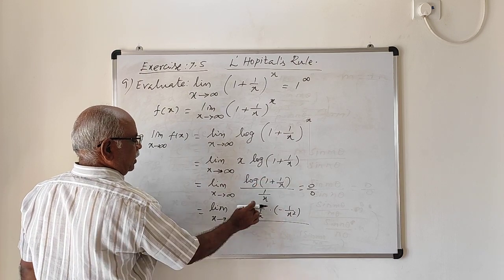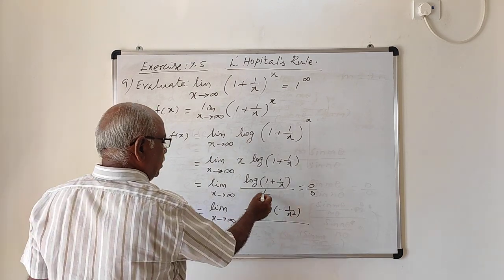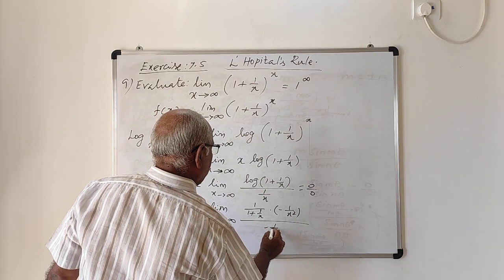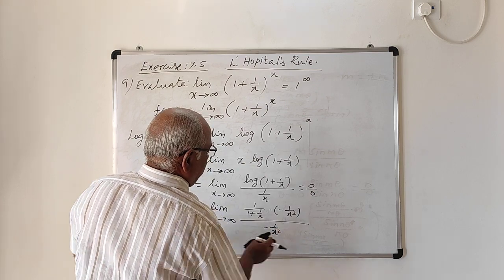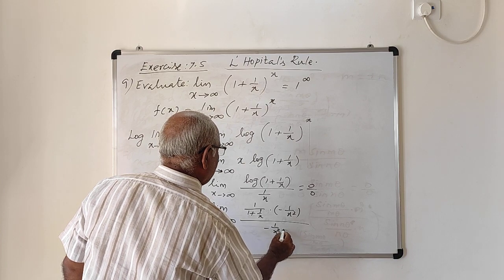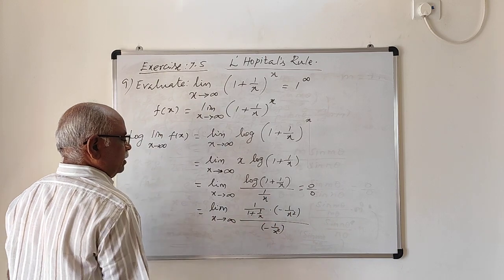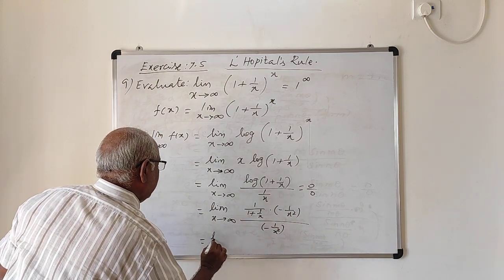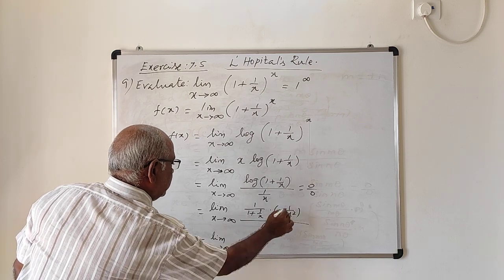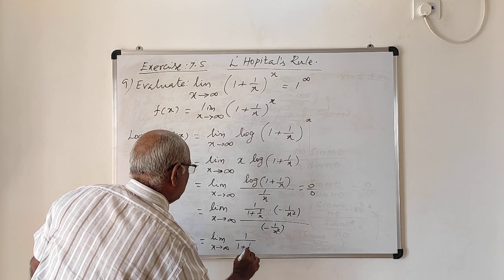In the denominator, the derivative of 1 by x is also minus 1 by x square. You cancel minus 1 by x square in both numerator and denominator, and you will get simply limit x tends to infinity of 1 by 1 plus 1 by x.